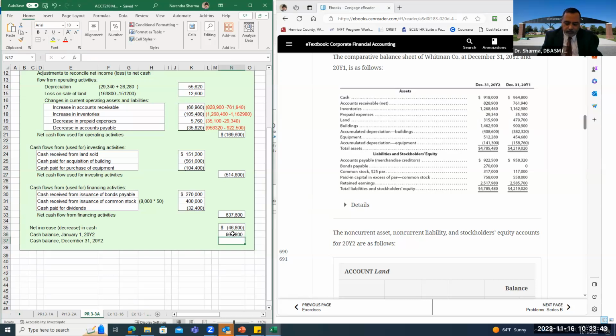So if I add these two, I should get the same figure, which is the balance in this year. And I think we got 918,000. So we have calculated the figures accurately. All right, so that is how you will do this problem.